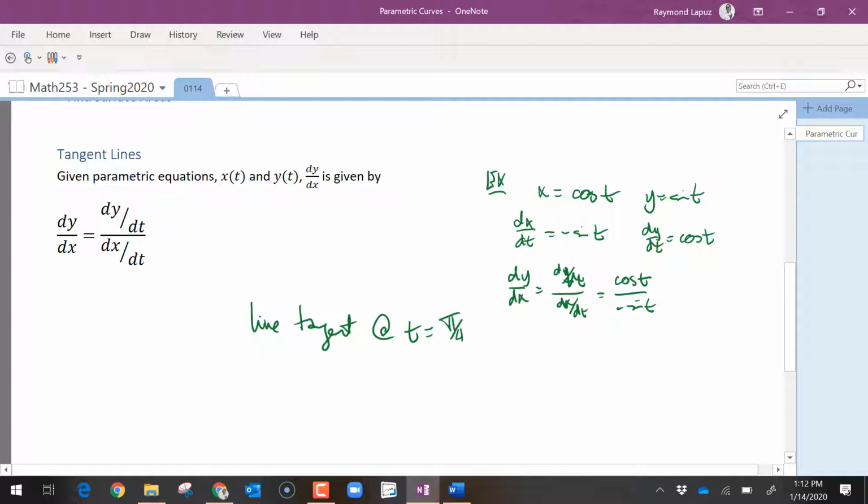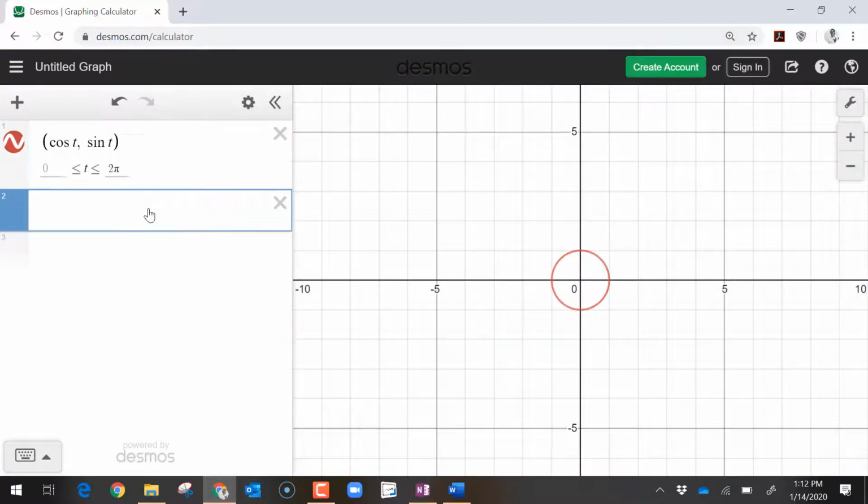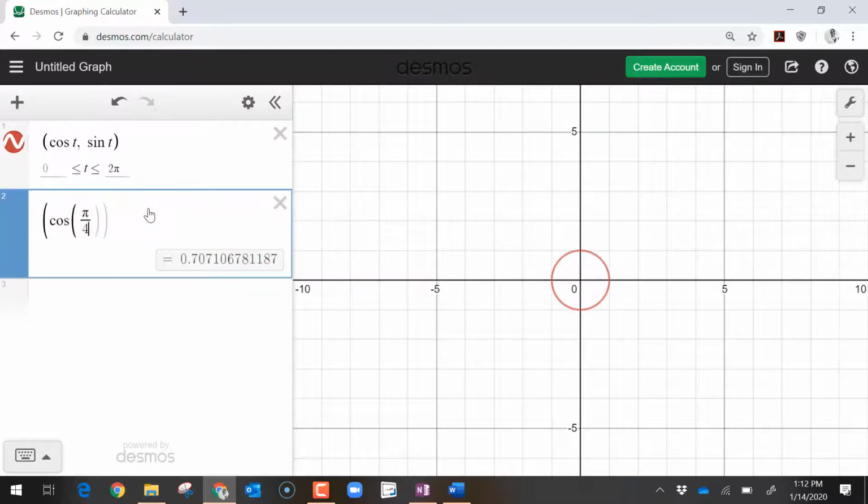Just so you know, because this is our standard circle, cosine pi over 4, sine pi over 4 is that point over here. So we would expect the slope of this to be -1, right?